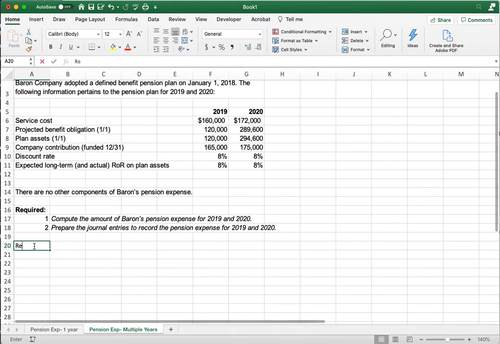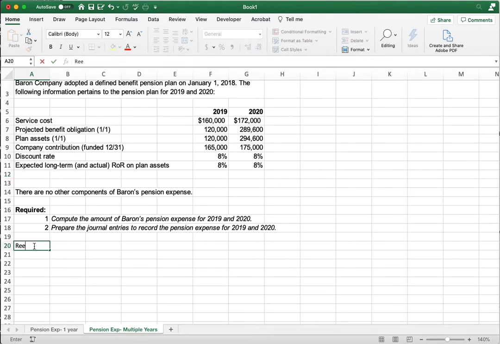So for requirement 1, we will look at the service cost, then add the interest cost, then we'll subtract out our expected rate of return on the plan assets, and that'll give us our pension expense.